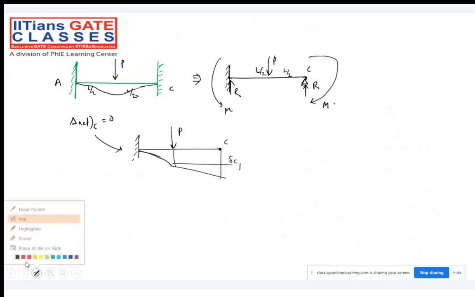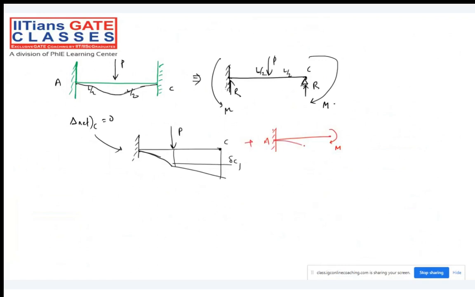Second scenario, my friend, I can make use of something like this, where we are applying the bending moment M. In this scenario, I will be getting the deflection delta C2 at point C. But we are also going to get a deflection because of this R in the upward direction. This is delta C3.